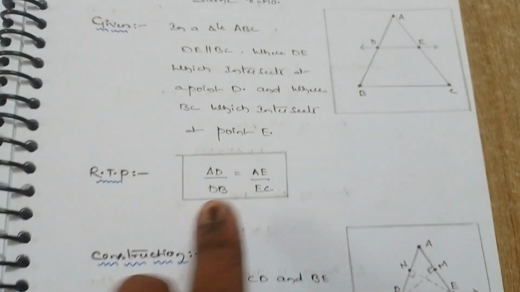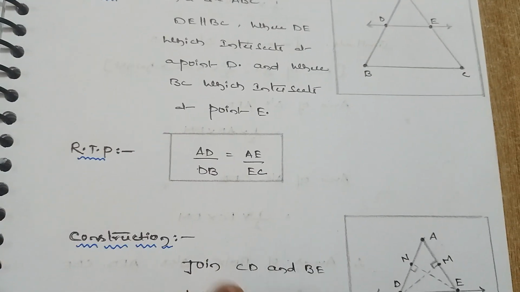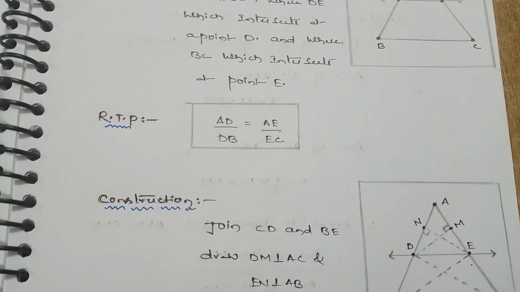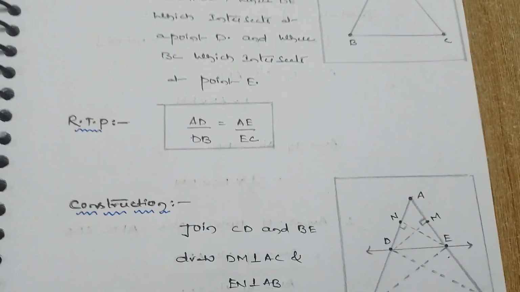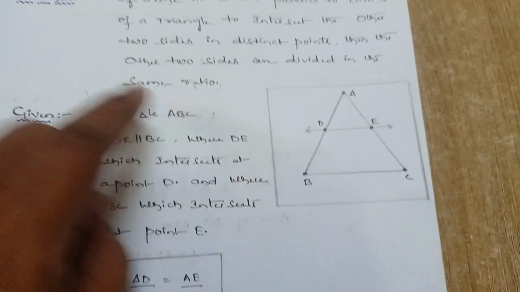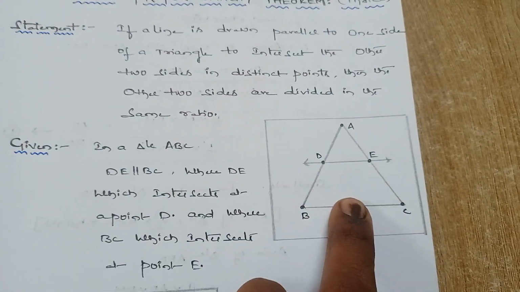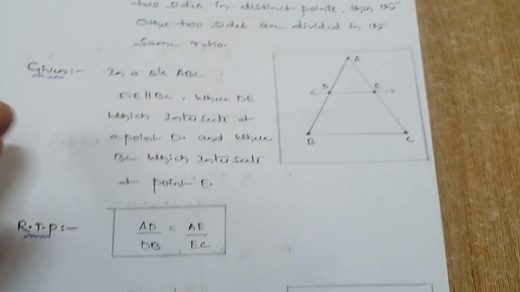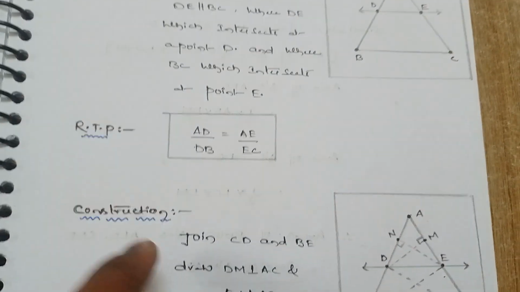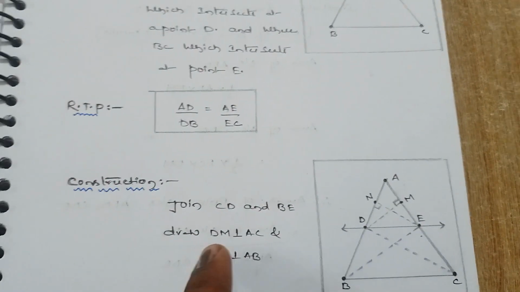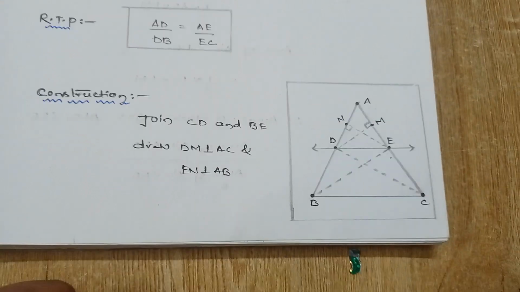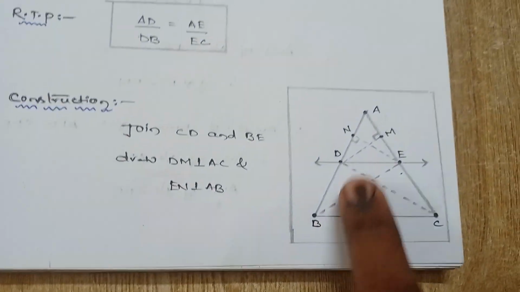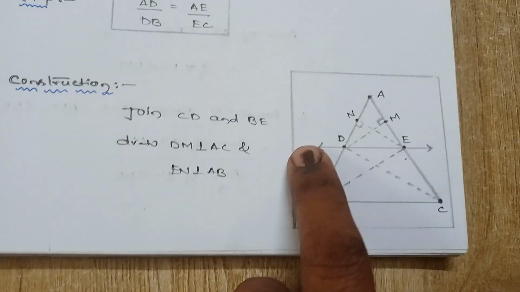For proving this theorem, we need to do some construction, which means some steps in the figure, so that only then can we prove it. This is the figure as per the statement, but for solving this theorem we need the construction part. That's why, for your easy understanding, I have drawn the figure once again, with the same parallel line.